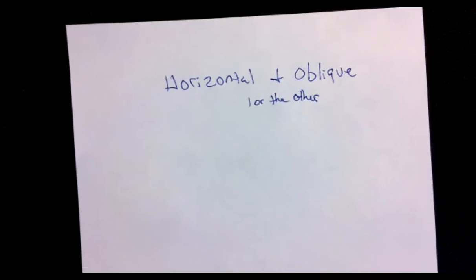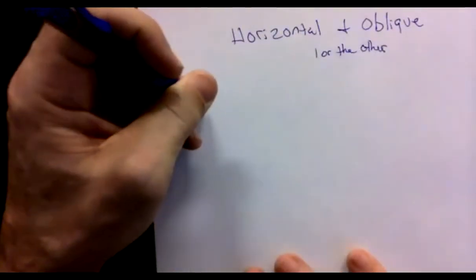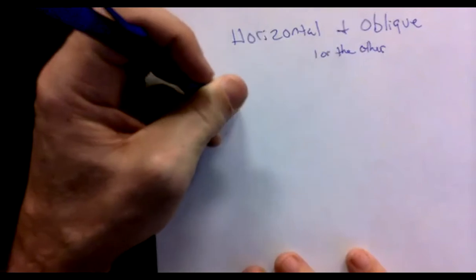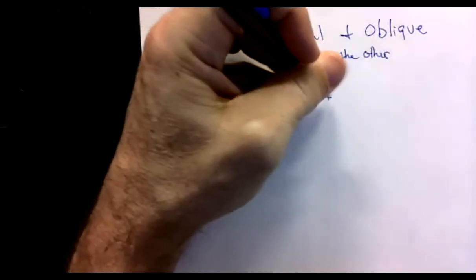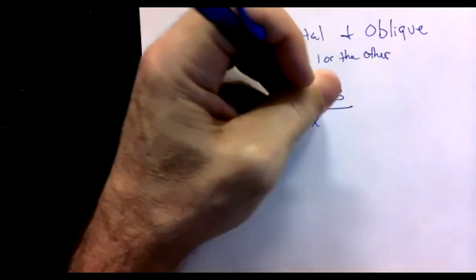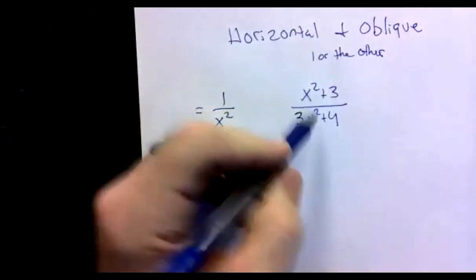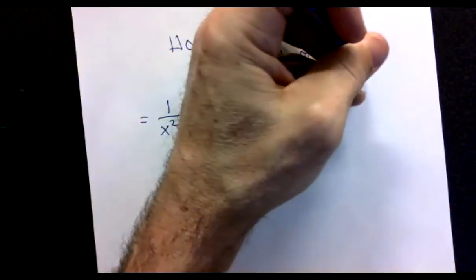That's not possible. You will either have horizontal or you will have oblique, but not both. And that's based off of the degree of your numerator and the degree of your denominator.